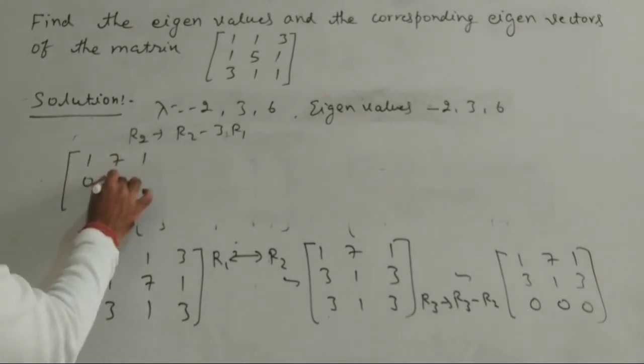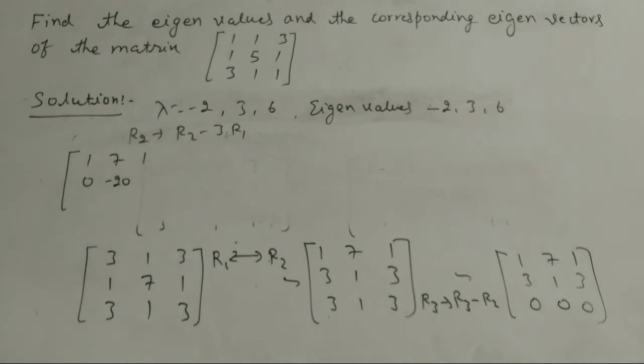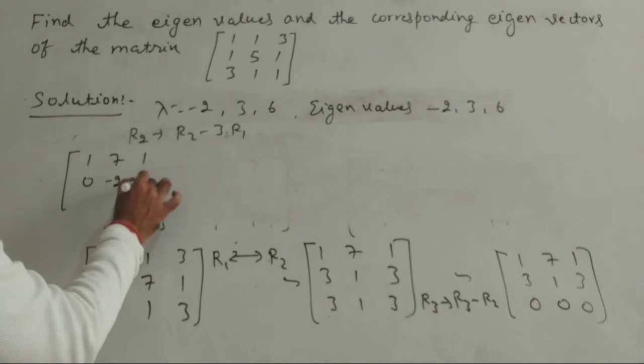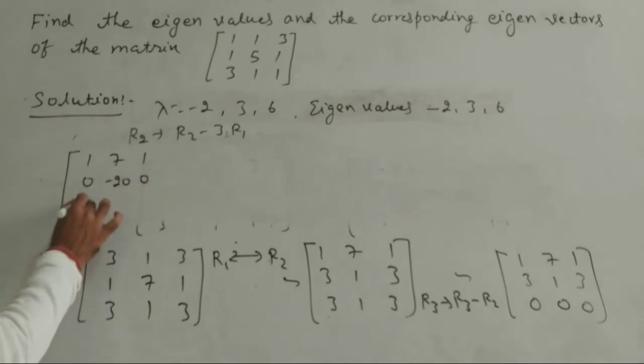So this is minus 20, and this is 3 minus 3 times, that is 0, and it becomes 0, 0, 0.